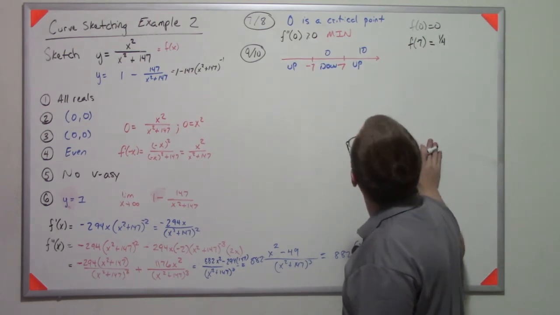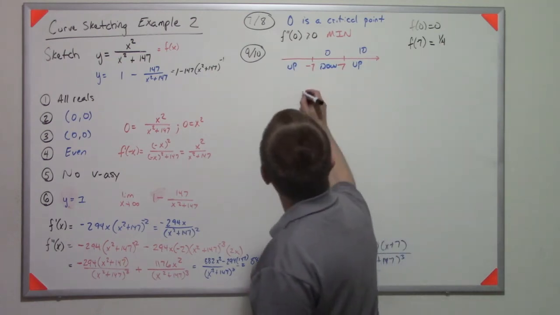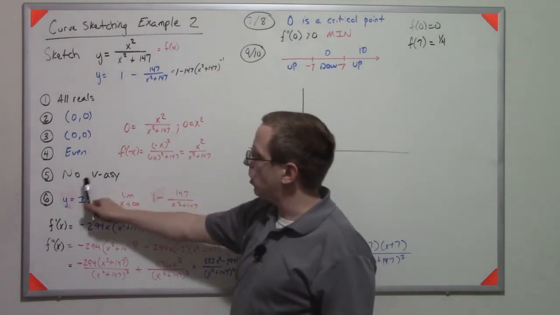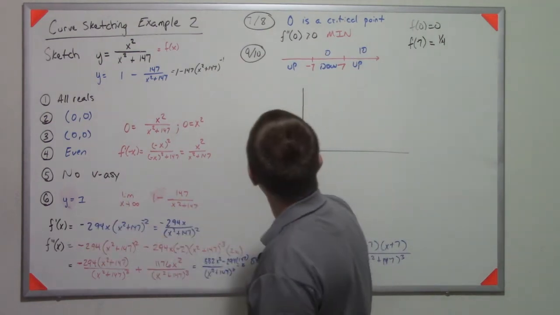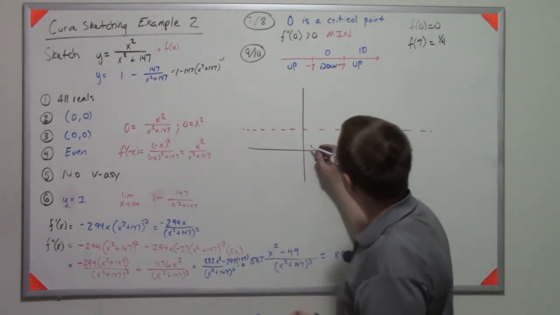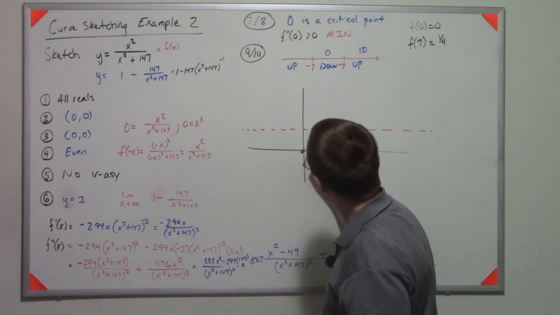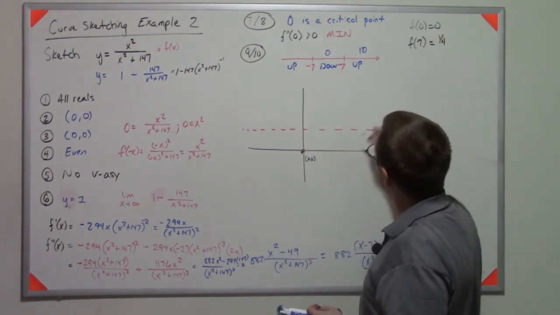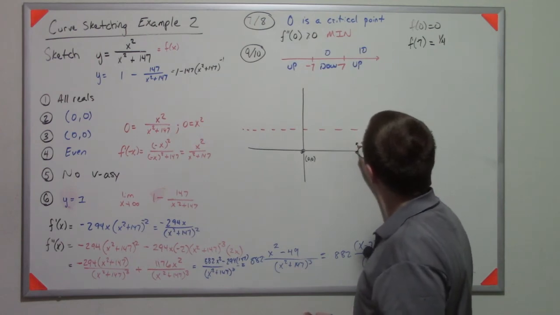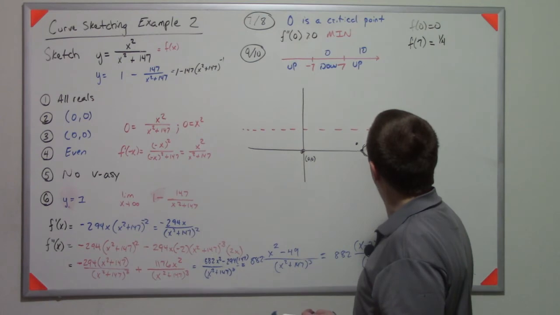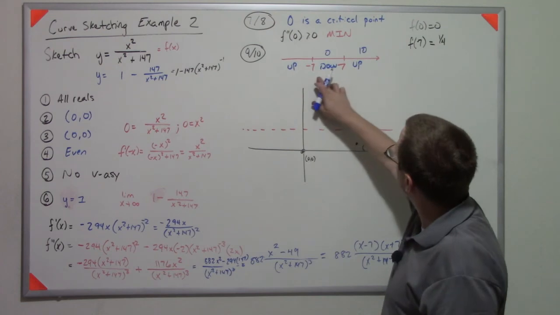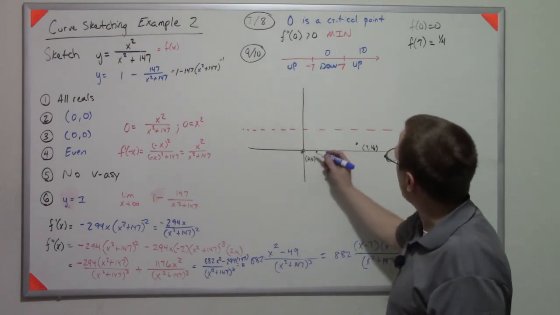And so that tells me, if I'm going to graph it, what do I have? I have no vertical asymptote. I have an asymptote at y equals 1. I have a point at 0, 0. I have a point at 7, 1/4. So from 0 to 7, I know it's concave down.